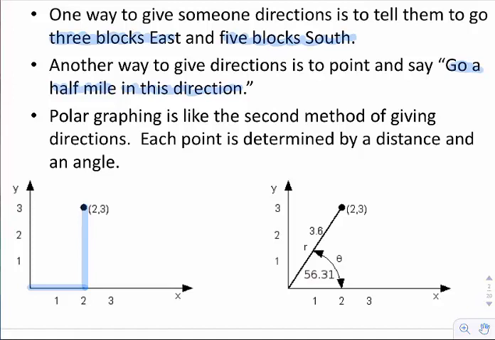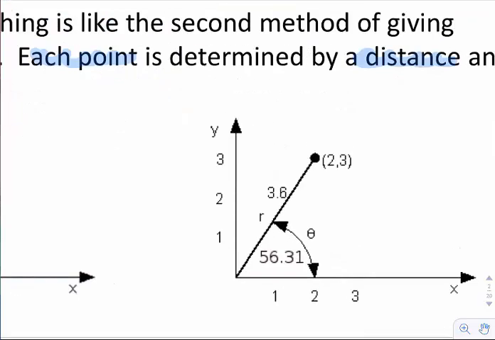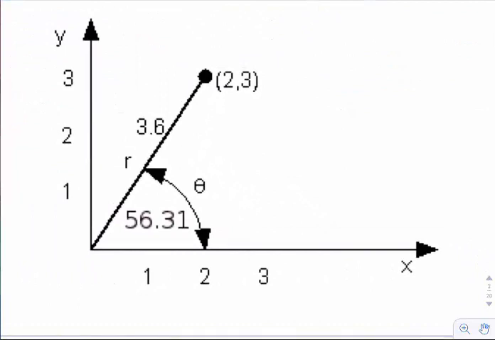Each point is determined by a distance and an angle. So this is a polar coordinate system, and we have 2 numbers in here. That's this 3.6, and then this angle. The 3.6 represents the distance from 0, 0 to our point, and then we have our angle.